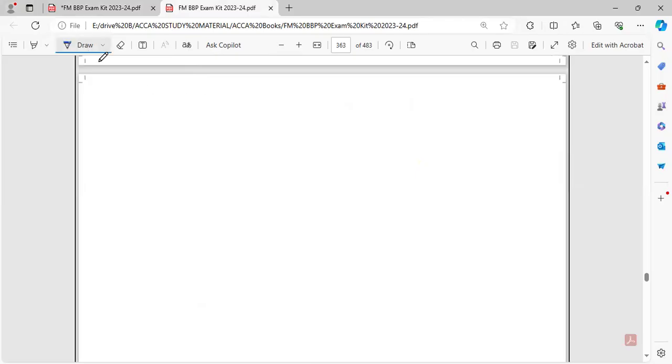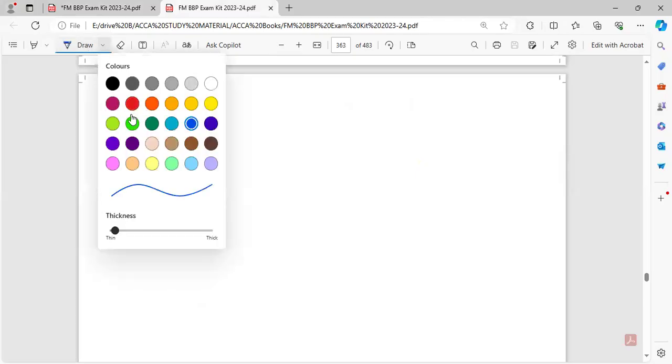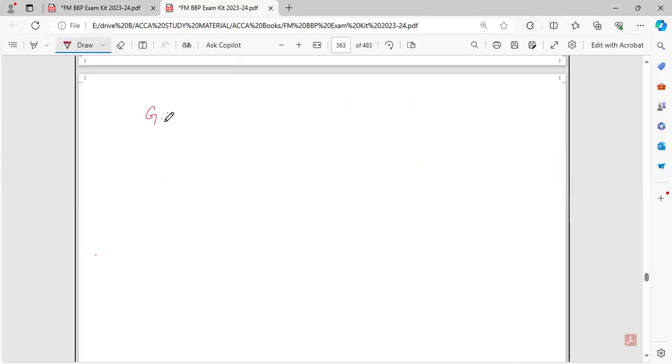So growth rate percentage is equal to $0.52 we will pay next year divided by 0.50 into 100.